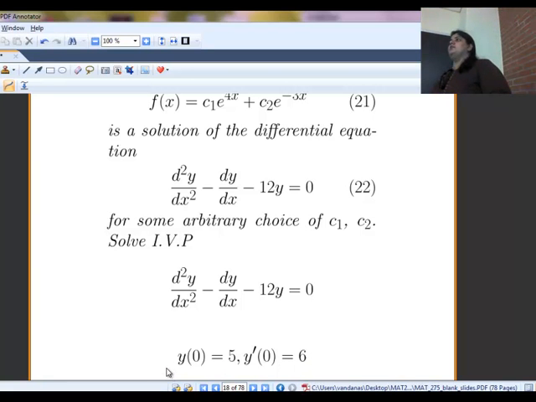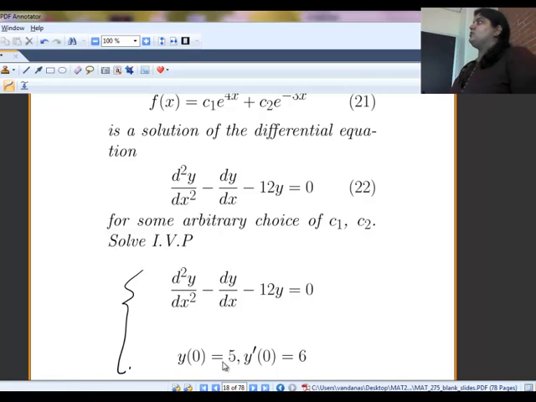So now you are given initial conditions. First you are given a family of solutions of a differential equation. Now with the help of these initial conditions, we will determine the unique solution of this whole problem. Okay, so how will we go about this? First, y at 0 equals 5 means what? This is y, a solution of the differential equation.